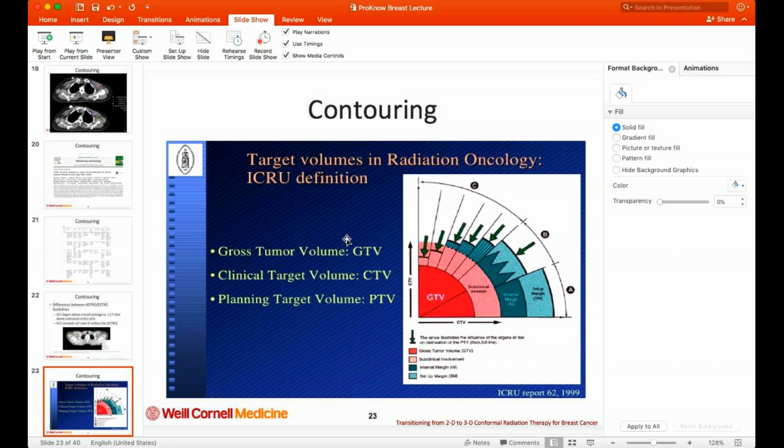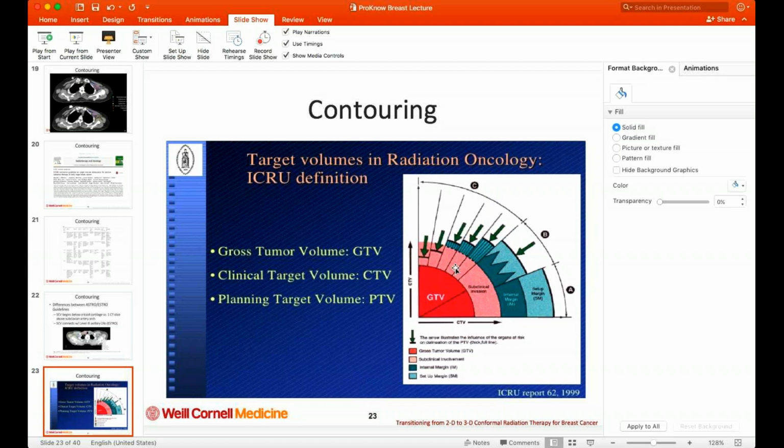To go from GTV to CTV, you usually add a margin for any subclinical invasion. This in red is the GTV. To go from GTV to CTV, you add on a margin. Frequently, people use about 5 millimeters to account for any microscopic invasion of tumor that you may not be able to appreciate on your CT scan.